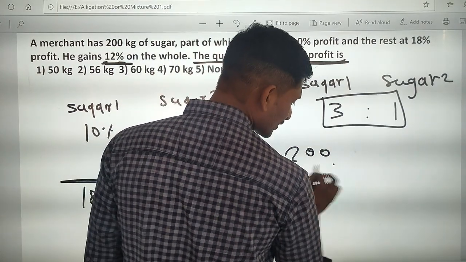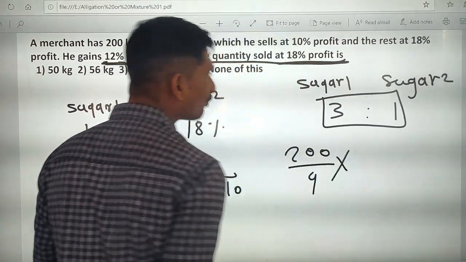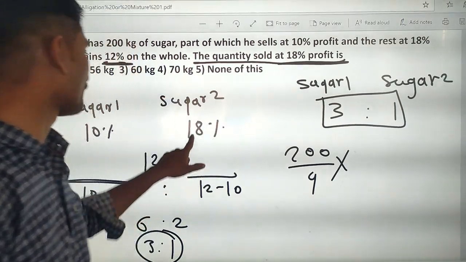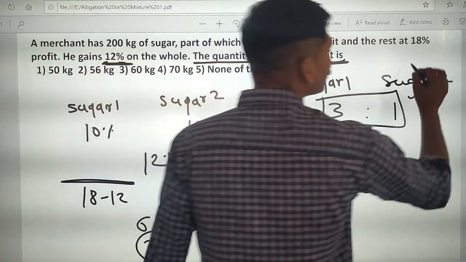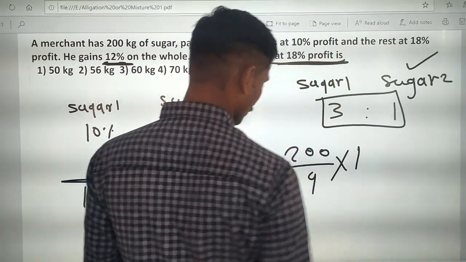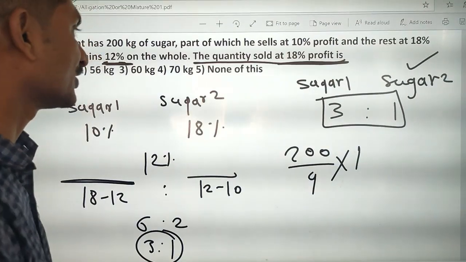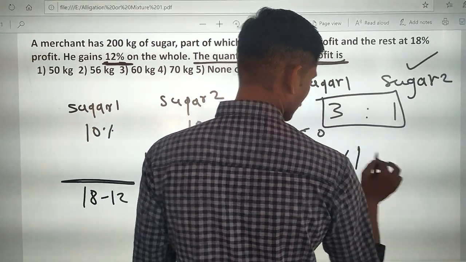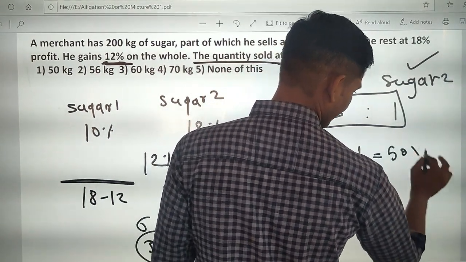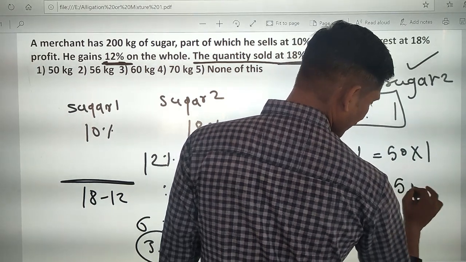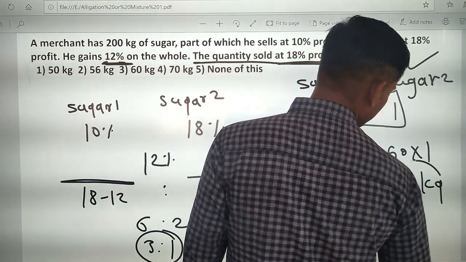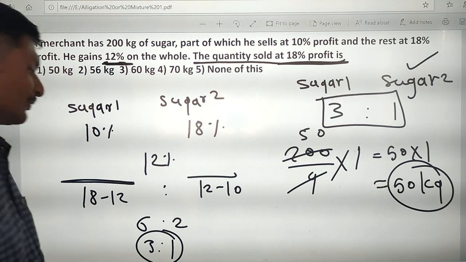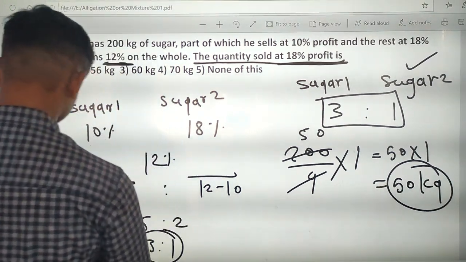Then total proportion is 4. Now we find the quantity with 18% profit, which is sugar 2, proportion 1. So the 18% profit sugar is 50 kg.